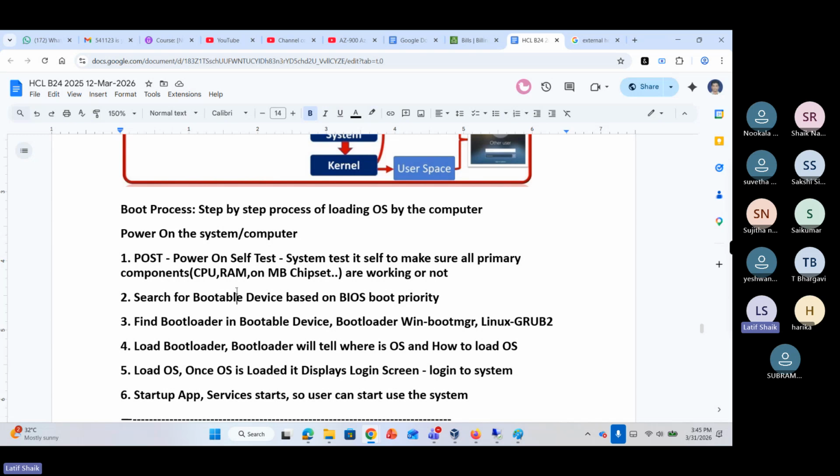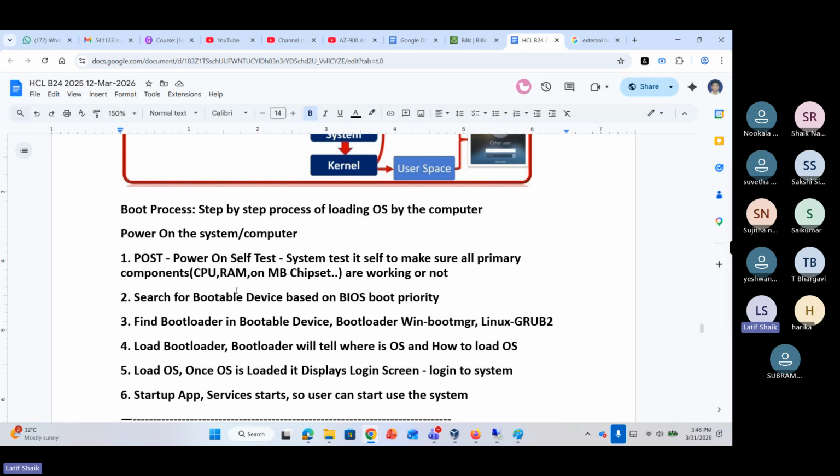What are those steps? Once you power on the system, it performs the POST operation. The first step is POST, power on self-test: the system tests itself to make sure all the components are working. The second step: the system searches for the bootable device based on the BIOS boot priority.